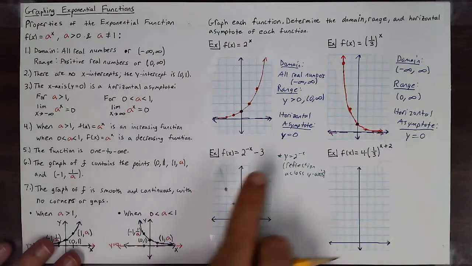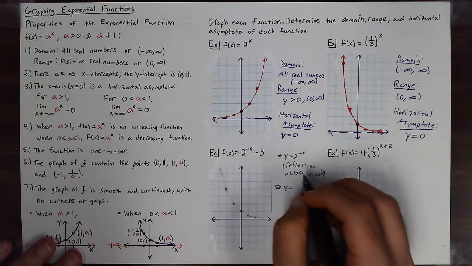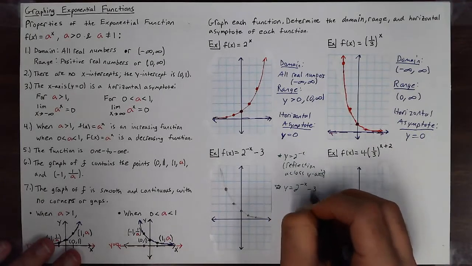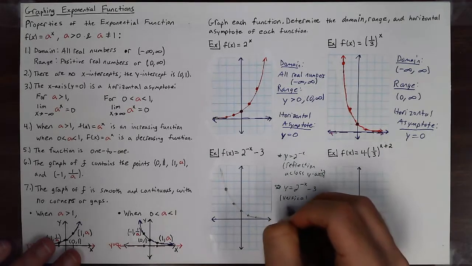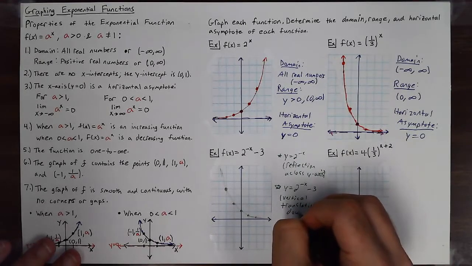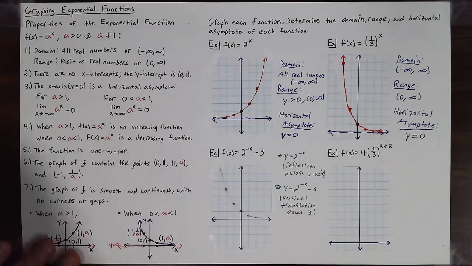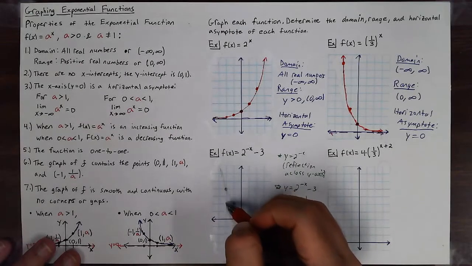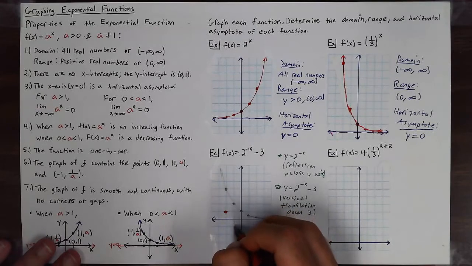I'm going to erase this after I incorporate the next transformation. Incorporating the -3, the -3 is a vertical translation down 3. So this will now lead to my final function: every point goes down 1, 2, 3 from where it was.